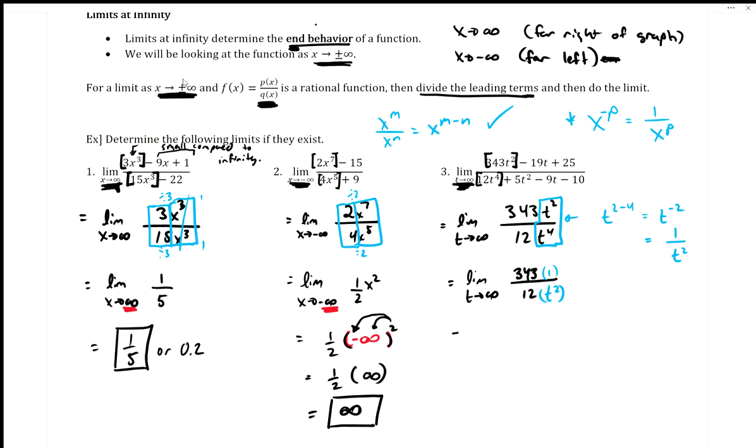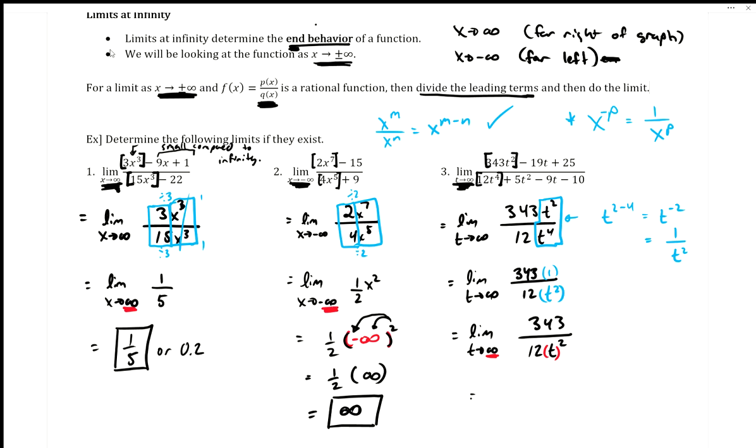Okay, and I'm going to rewrite this. Let's simplify just a little bit. So the 343 times 1 is 343. And then we could say, well, this is just 12t squared. All right, so we did some simplifying, and then now let's see what happens when we plug the infinity in. So we're going to plug it into that t right there, and we're going to rewrite it.